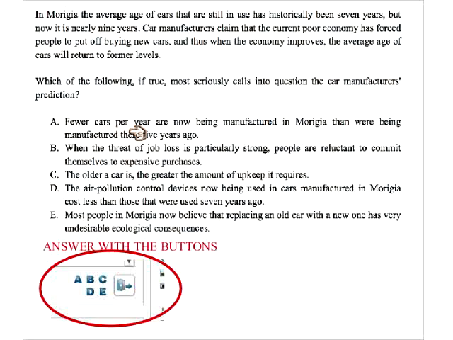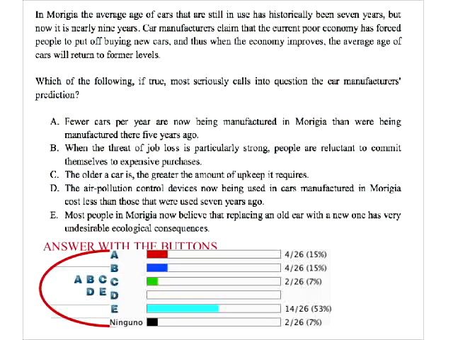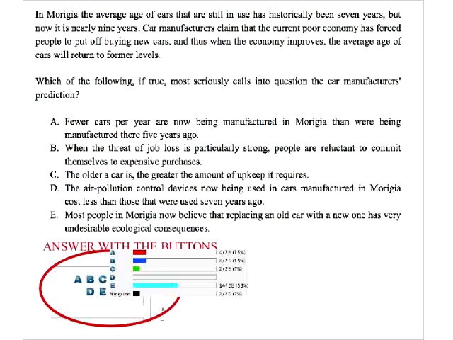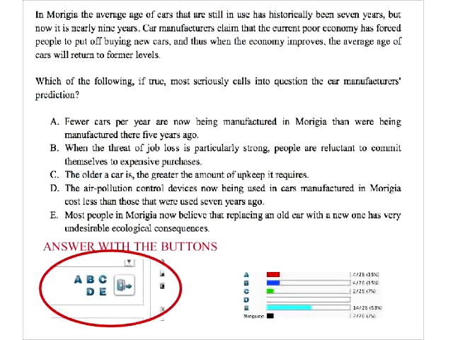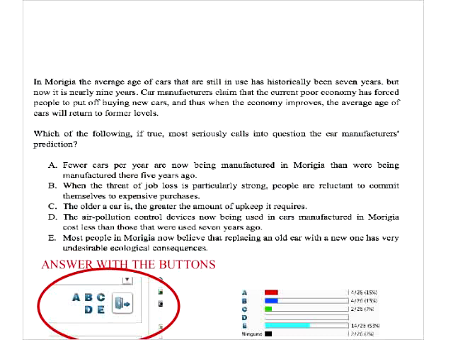Okay, here are the class's answers. So this one went pretty well. The correct answer is E. Let's talk about it. The main deal here in this argument is, again, you're reading this for the big picture. You're not reading this for minute details. So since you are reading these things not for the details but for the big picture, if there are numbers, don't pay attention to the numbers.